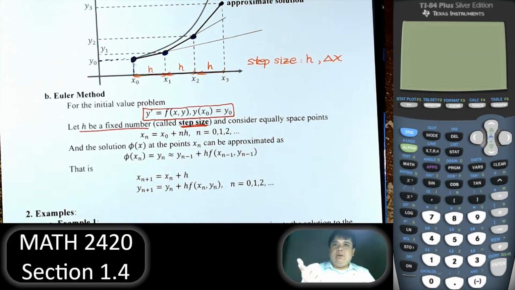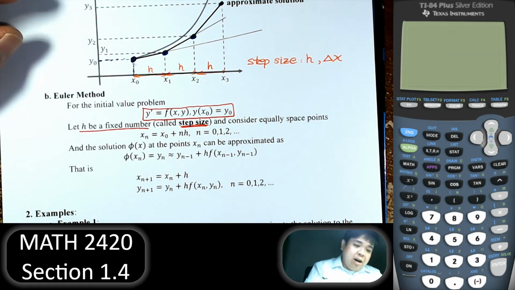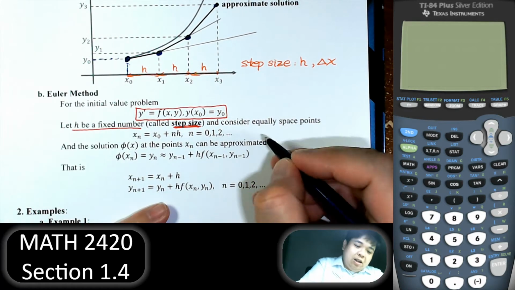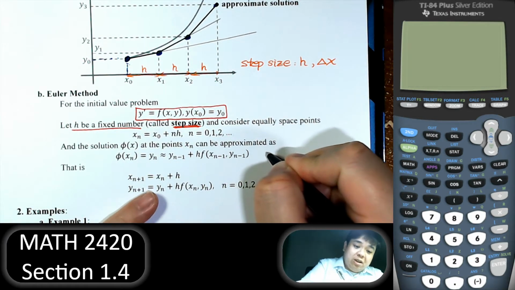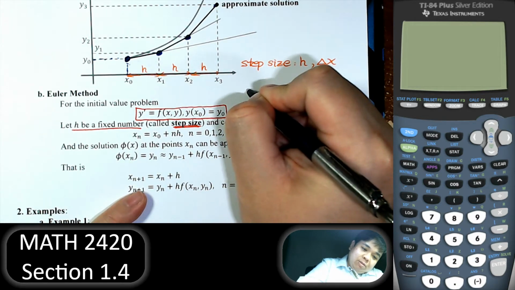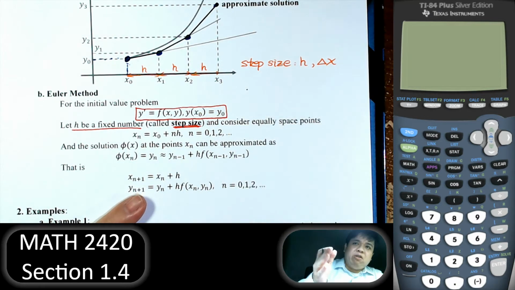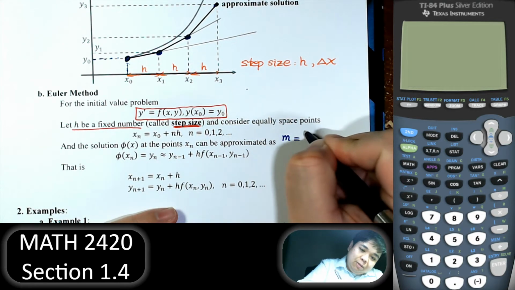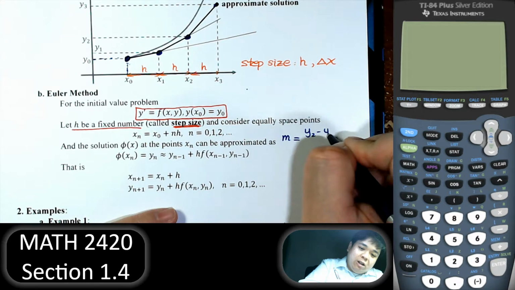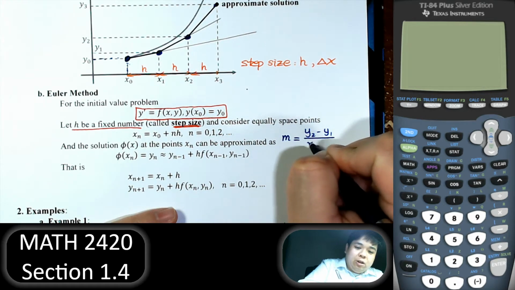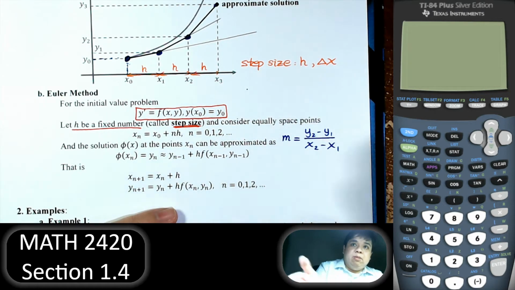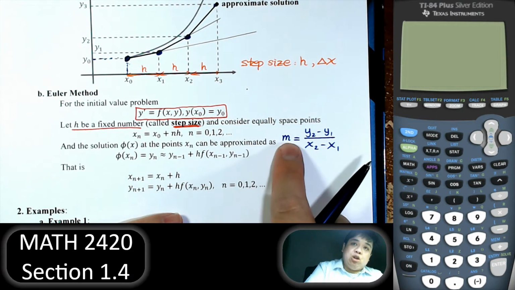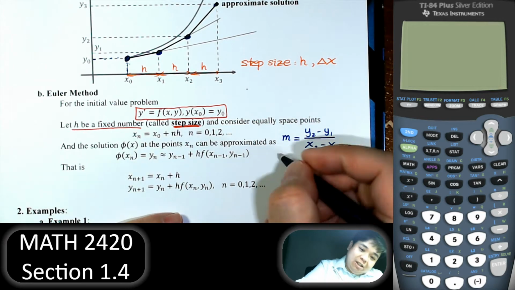In a sense, you can see this as the Taylor series approximation, or we can start with something very fundamental, the slope: y2 minus y1 over x2 minus x1. You cannot get more fundamental than this. And m is the slope, so let's use y prime instead.